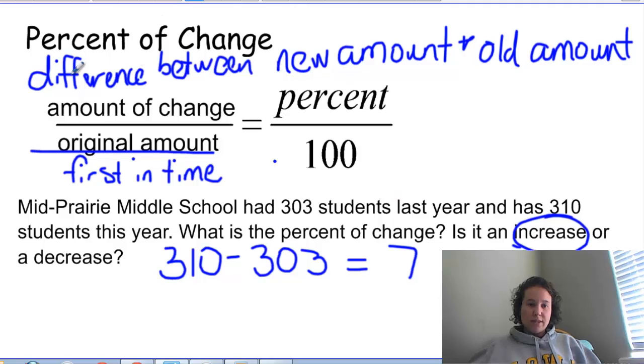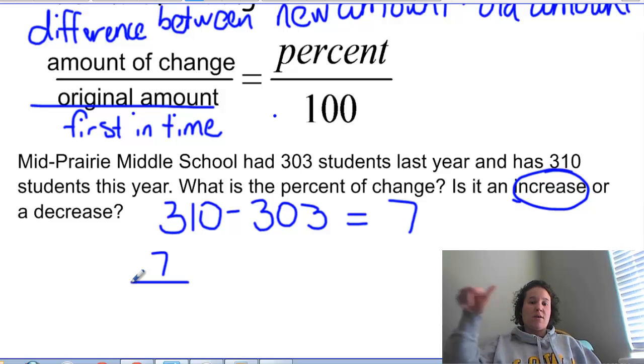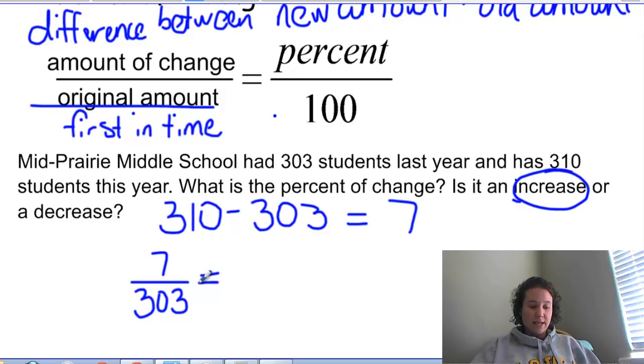So I'm going to put that into the proportion. Okay, so I'm going to have 7 over the original amount, the one that came first in time. Last year came first in time before this year. So I need to put the amount of last year's students, that's my original amount, on the bottom. And that is going to equal my percent, which I don't know, over 100.